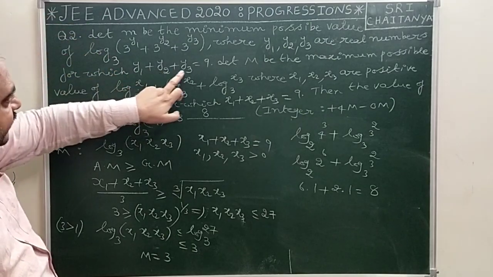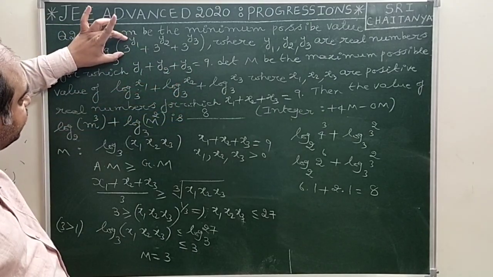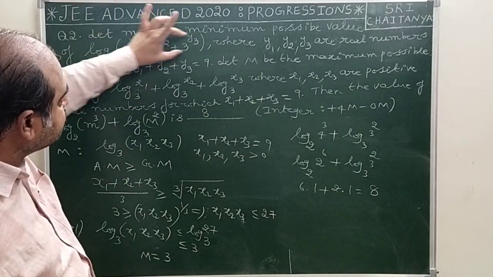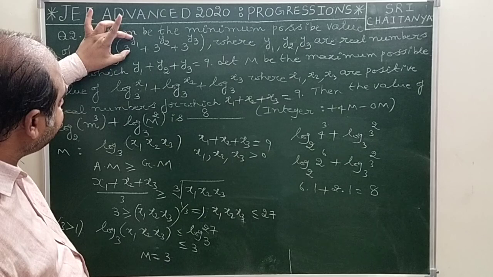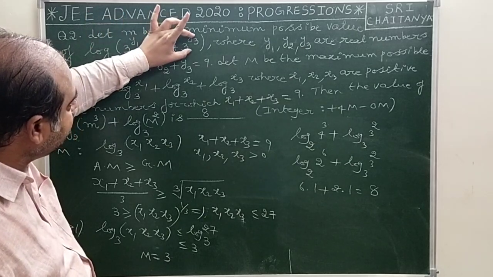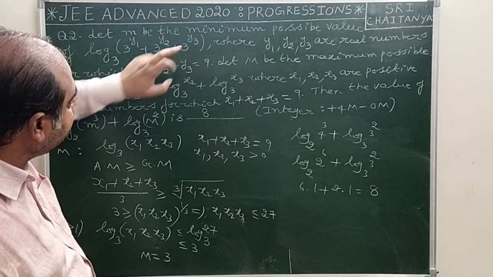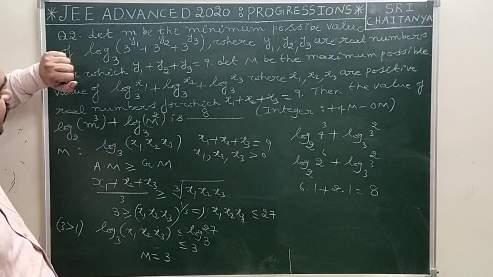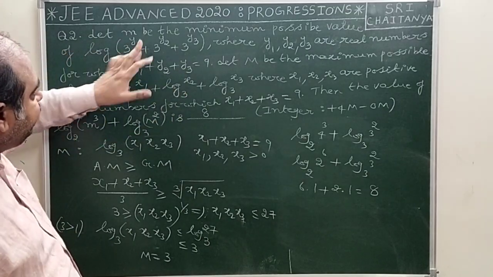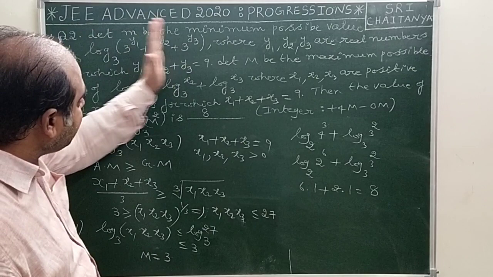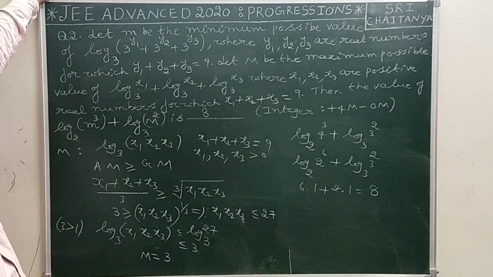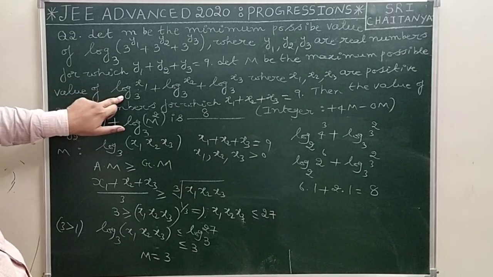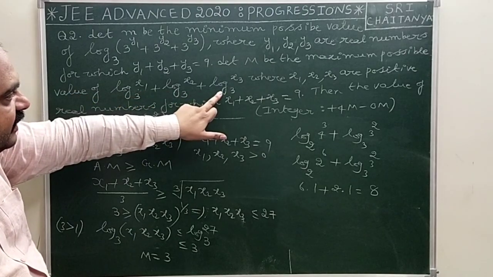Here the sum is given and he is asking the minimum value of this. So for these three numbers, if you apply AM-GM inequality, then this term will come. After applying, if you find the minimum value of this, you can calculate the logarithmic value. And after that, logarithm is given, you have to find the maximum value of that.